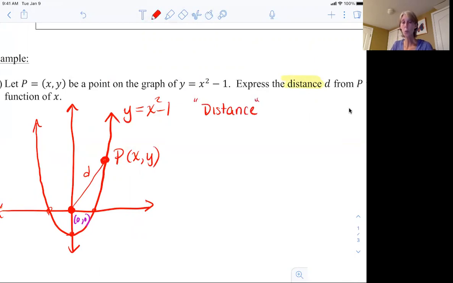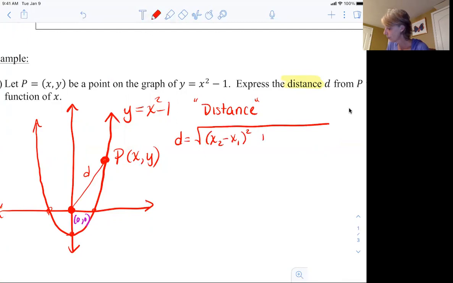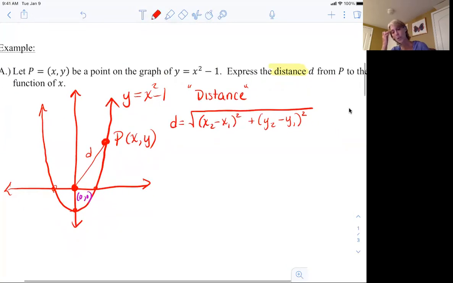So we're going to start with the distance formula. This is one of the reasons why we went through some of the basic geometry we did in the beginning of the year. So hopefully you remember the distance formula is the square root of (x2 minus x1) squared plus (y2 minus y1) squared. Now we're going to substitute anything we can from our picture, from the information from the problem.